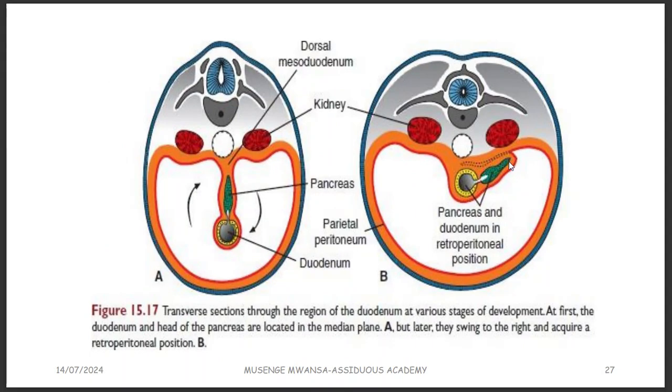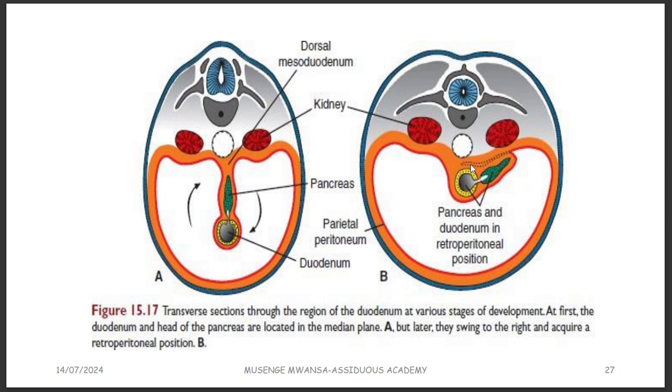Please take note, this is important. You can see the way these structures are attached like this, the duodenum and also the pancreas. Here is the pancreas and duodenum.